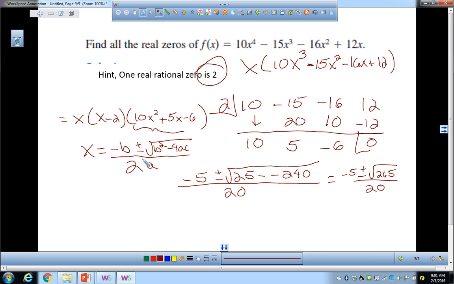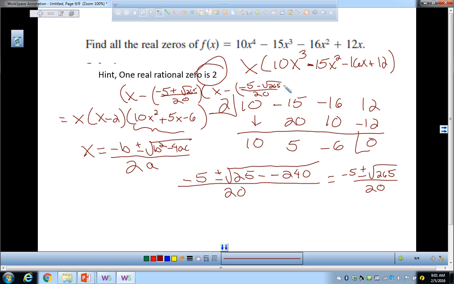Okay? So then, I'm not quite done. What this means is that the total factorization of this thing is x times x minus 2 times x minus, in parentheses, negative 5 plus square root of 265, over 20, and times x minus negative 5 minus square root of 265, over 20.